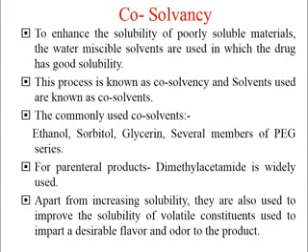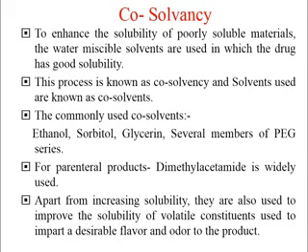The commonly used co-solvents are ethanol, sorbitol, glycerin, as well as polyethylene glycols. Generally we use them as a co-solvent along with water. For parenteral products, dimethyl acetamide is generally used for the dissolution of your drug.